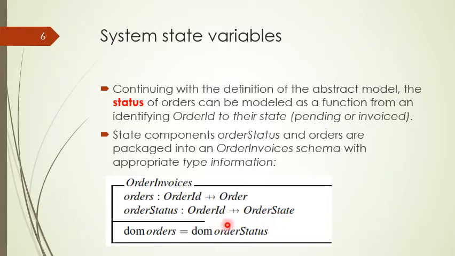And there is another invariant property which is written in the lower part of the schema in the form of a predicate, that the domain of orders must be equal to the domain of order status. Meaning to say that whatever orders we have made, their order ID must be the same as the order ID of order status.